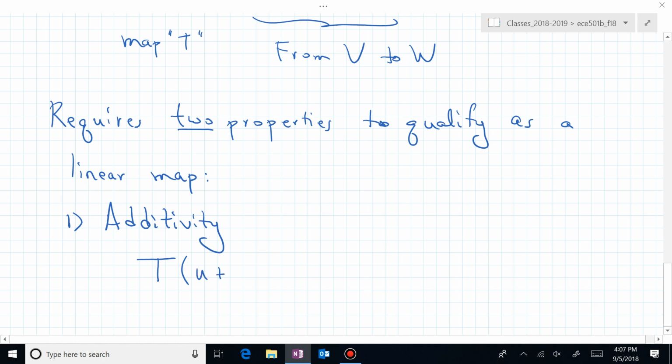You take a vector U and a vector V, both from the domain vector space, capital V. You add them together, and those better give you the same result, or the same vector, as T operating on U plus T operating on V. That's the additivity property in order for it to be a linear map.